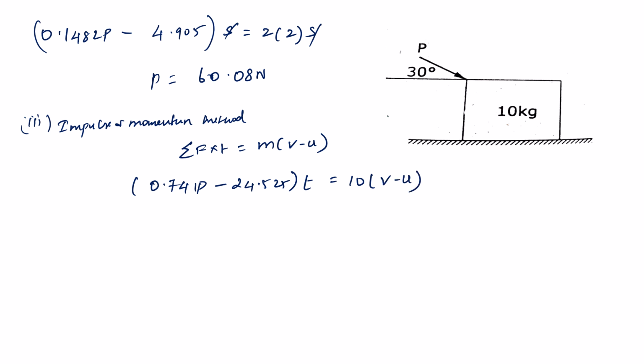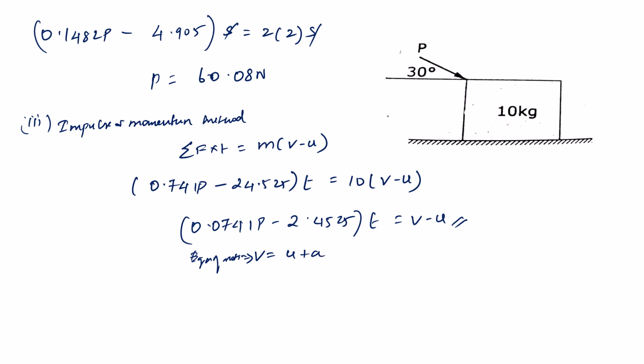Bringing the simplified version of this equation, you will get (0.0741p minus 2.4525) t is equal to v minus u. Using this relation, we are going to solve with the equations of motion. That will be v is equal to u plus at, so v minus u is equal to at.